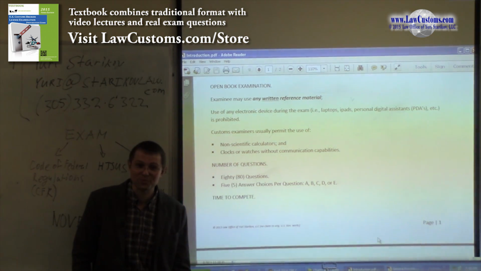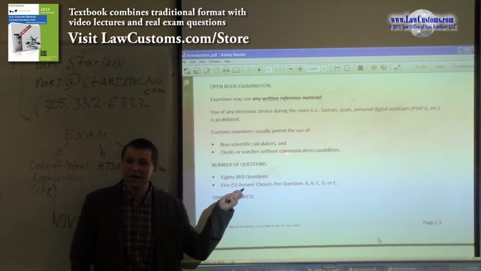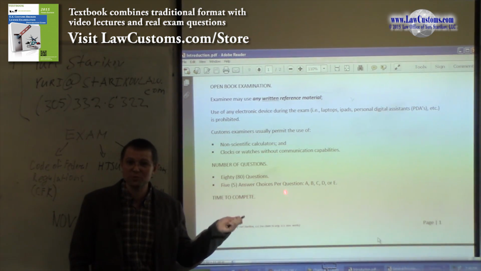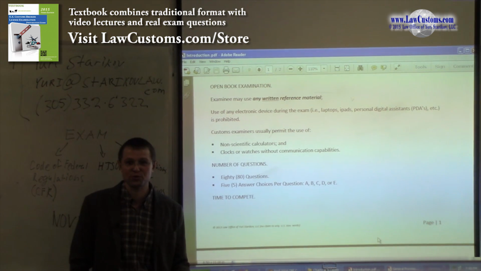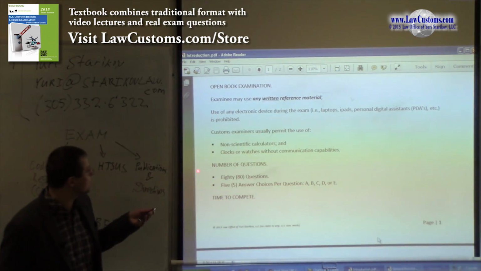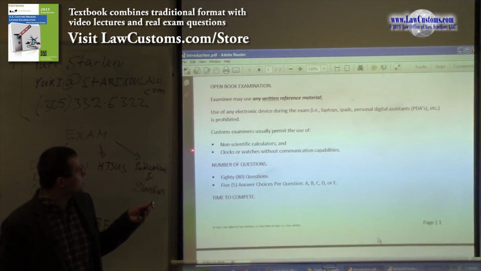Because there is so much information, it's better not to lose time on such minor things, but focus on the substance. So by the time you sit on the exam, you should be feeling comfortable. You should be like a librarian of the Code of Federal Regulations, and you should know where the titles lie.